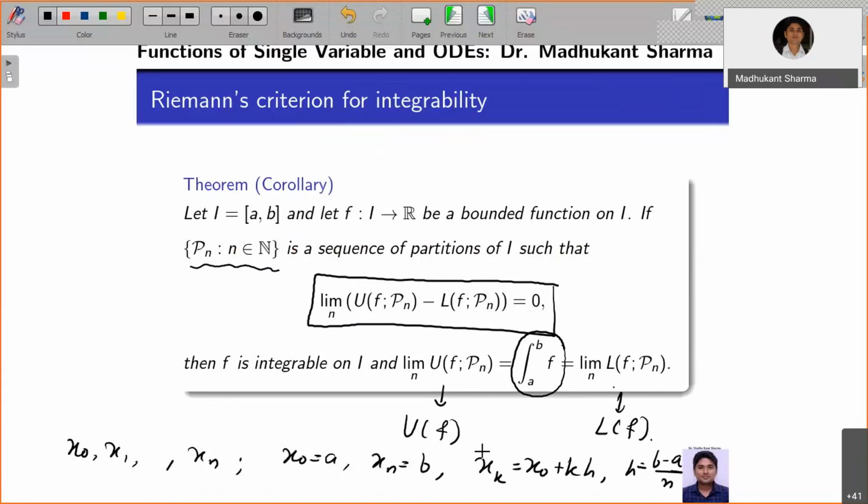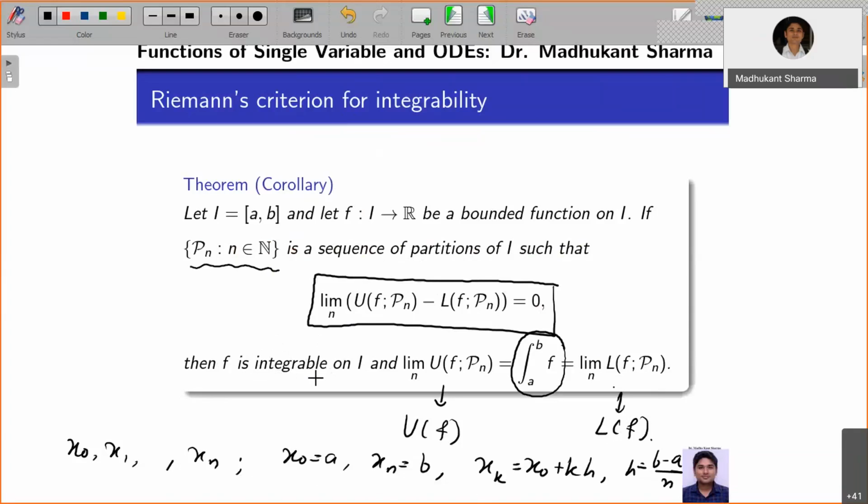Then it depends on the nature of the function, whether the function is continuous or monotone. Now you can work with polynomials, sine functions, cosine functions, meaning the elementary functions, to show that those functions are Riemann integrable on I. So now you can finish the problems in your assignments.